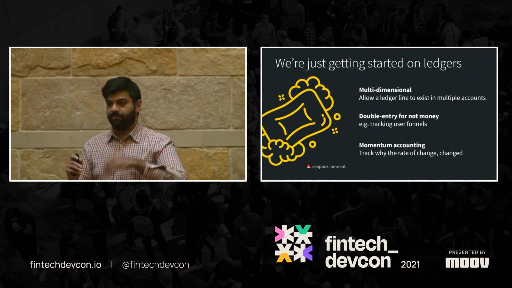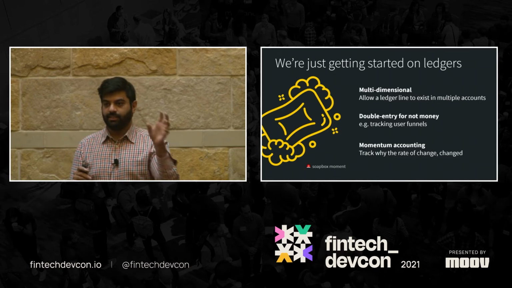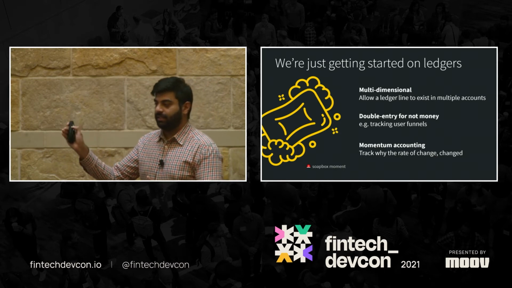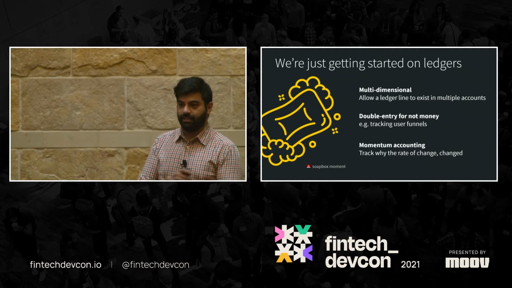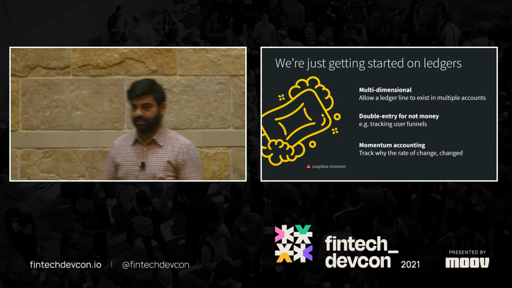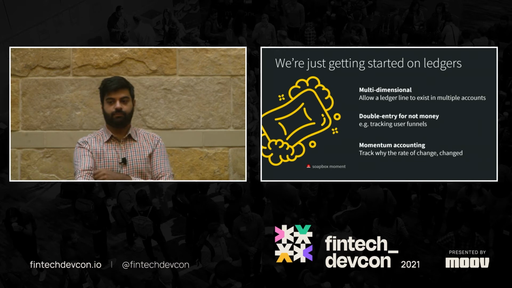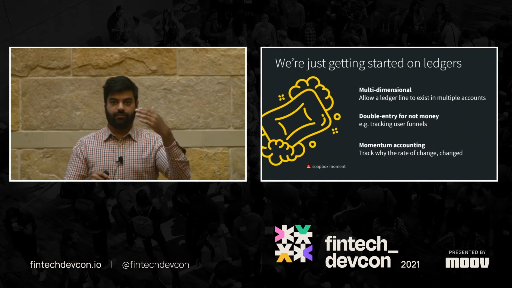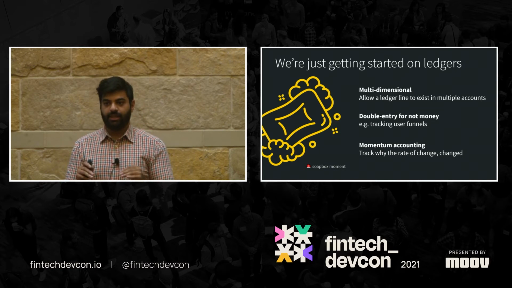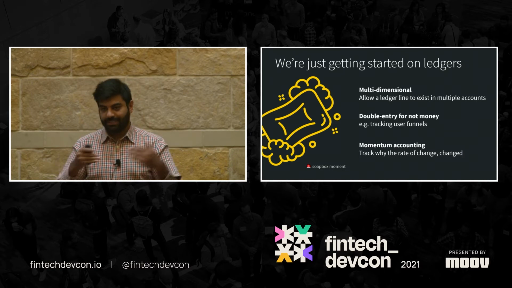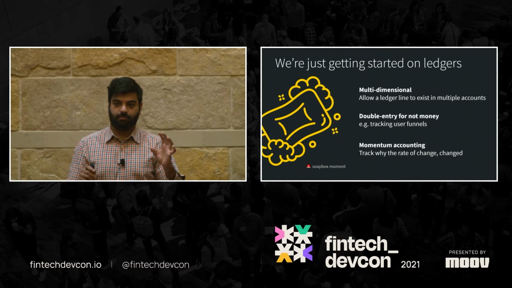If you say, I spent $5 on a burger, it's just in the burger account. But there's no reason why you couldn't have a multi-layered ledger where the same transaction can appear in multiple accounts simultaneously. Then you go from a data grid to a data block, if that makes sense, where you can choose how you want to look at your ledger at runtime instead of having your balances and what ledgers exist configured ahead of time.